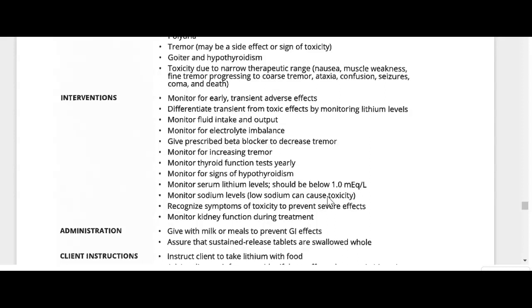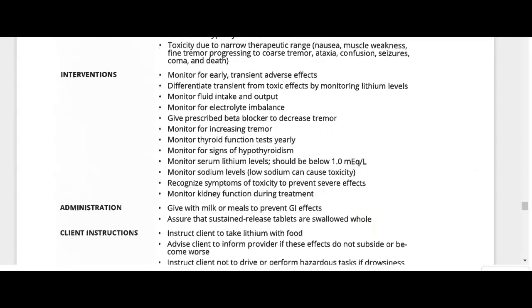And lithium is just a synthetic salt that has kind of tricked the body. And then what happens is because lithium's not being excreted, we now have toxic levels. So we always want to look at their sodium level, make sure that they're within normal limits before we give lithium. And then of course it can be hard on the kidneys as well.